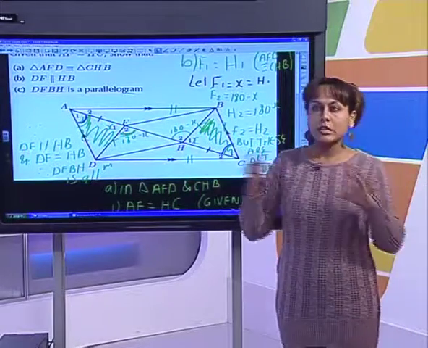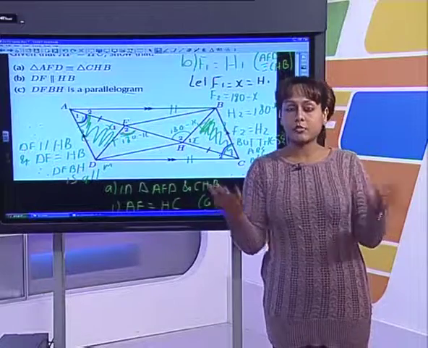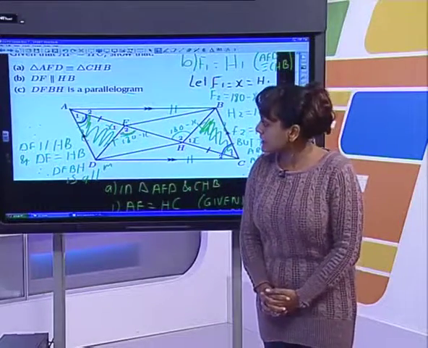In your little brackets you would write there: one pair of opposite sides is both parallel and equal.